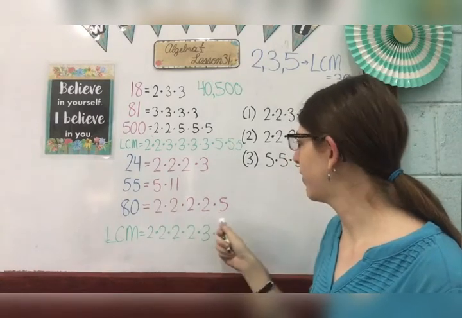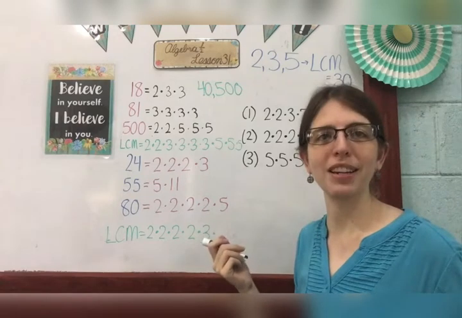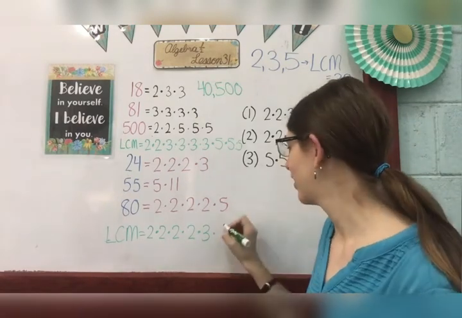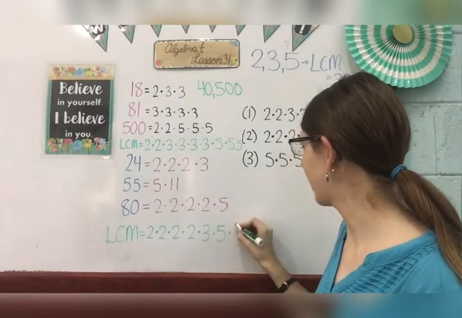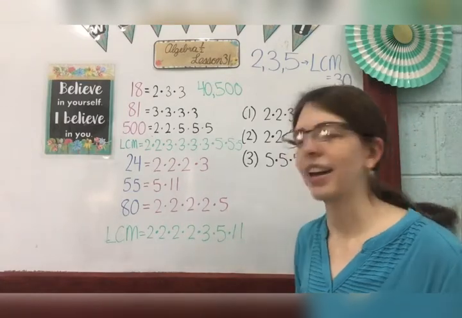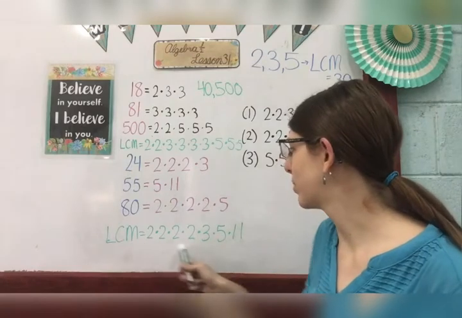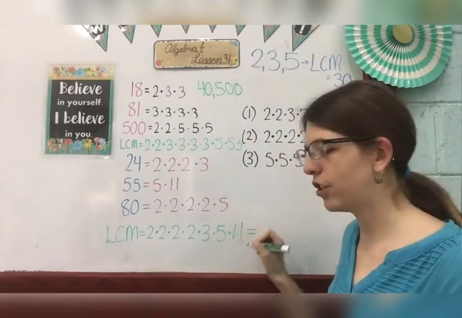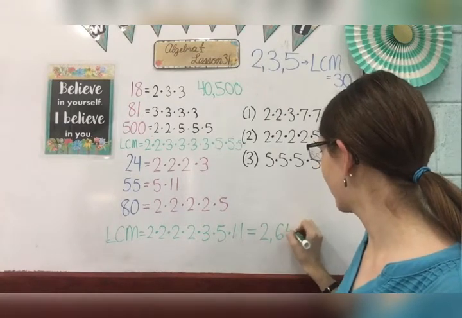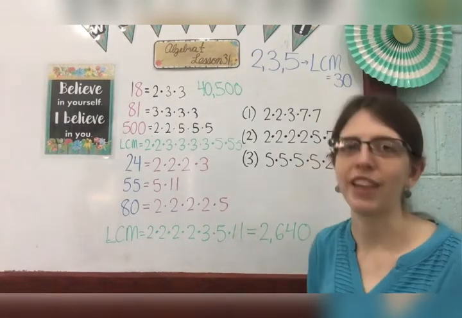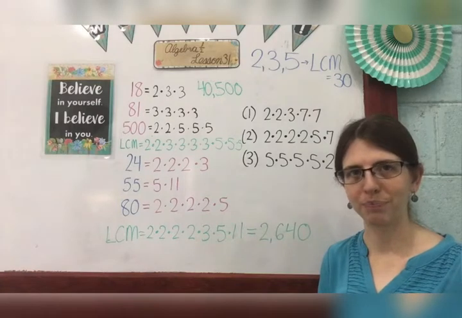I have 1 5 here, 1 5 here. That means the greatest number of times it's used is once. So I have 1 5, 1 11 here, nothing else. So that's it. Now I multiply these all across, and when I do, the answer I get is 2,640. That's my least common multiple.